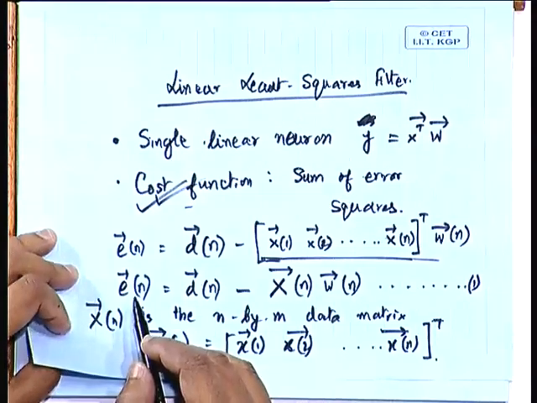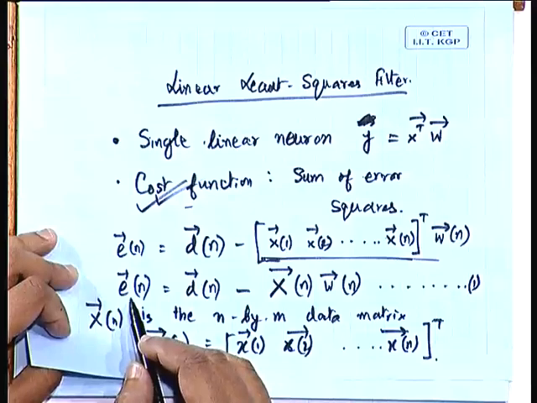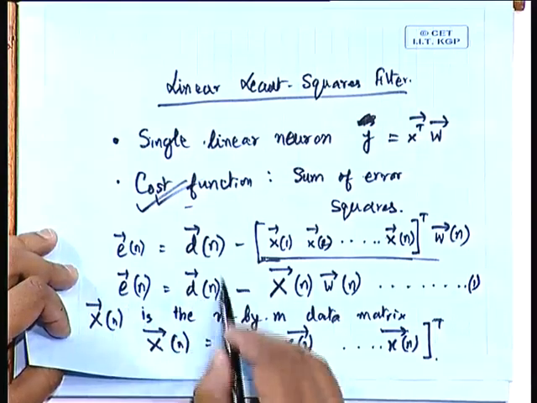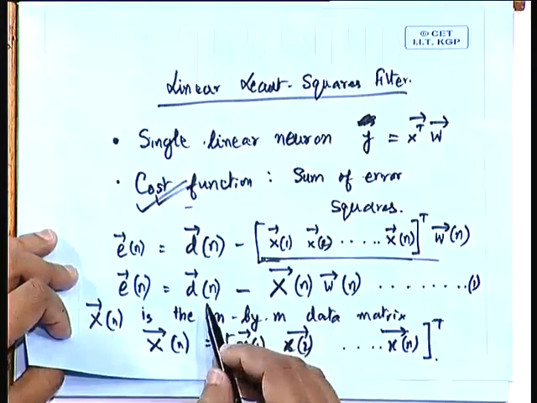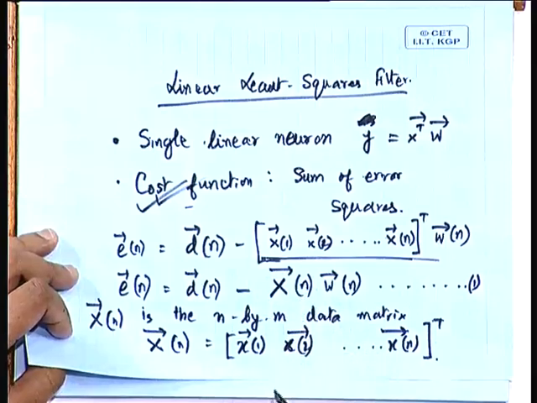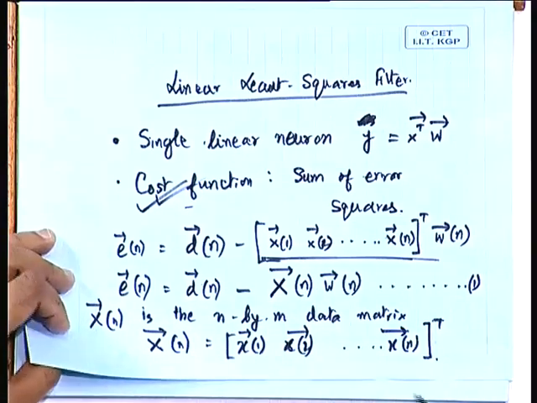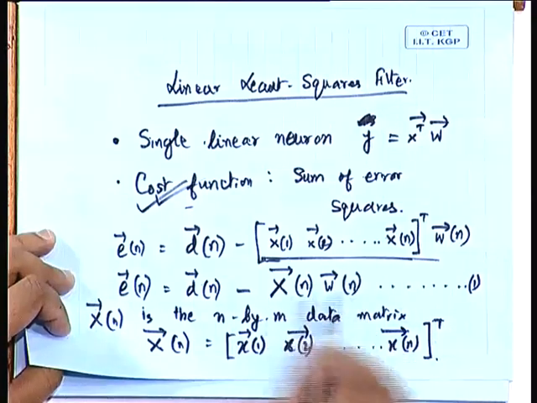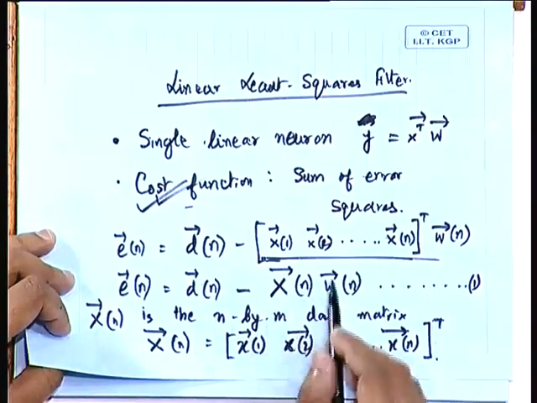And what will be the differentiation of this term? 0, because d n is independent of w. And what will be the differentiation of this expression? Minus x transpose n. Very good. This is going to be minus x transpose n, because this is the expression of the earlier form.